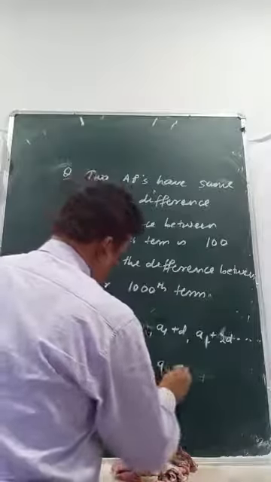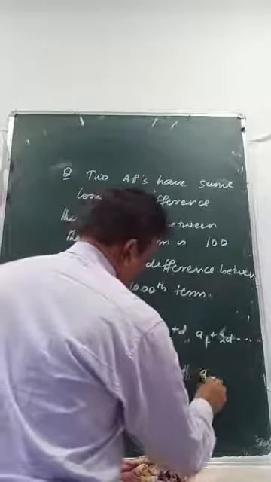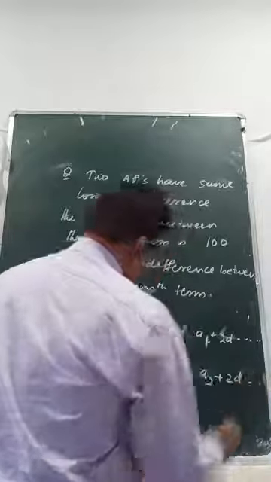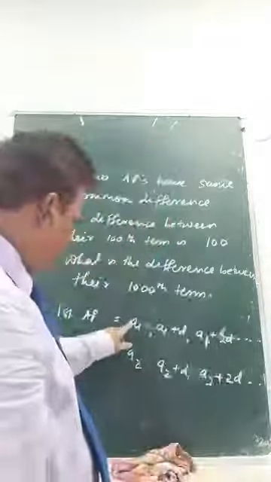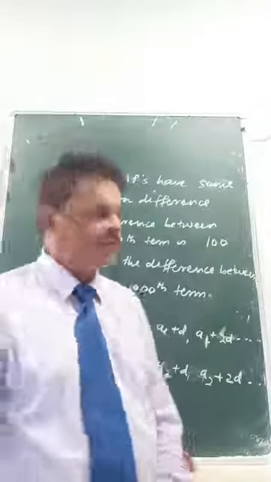Then A2 plus B, A2 plus 2B, like this. So the common difference is the same, but the first term will be different for both.